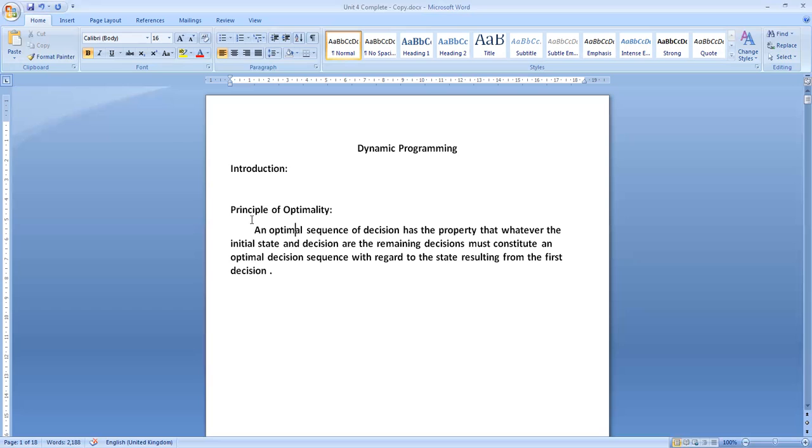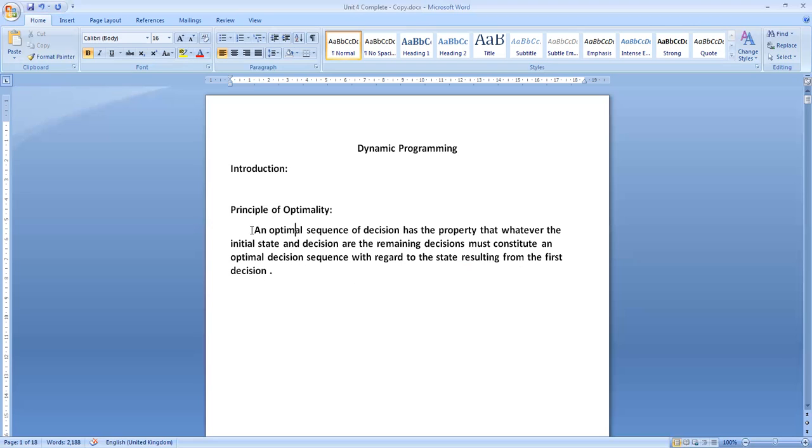So look at this definition. An optimal sequence of decisions has the property that whatever the initial state and decisions are, that means if a decision has been taken wrong initially, then the remaining decisions must constitute an optimal decision sequence with regard to the state resulting from the first decision.